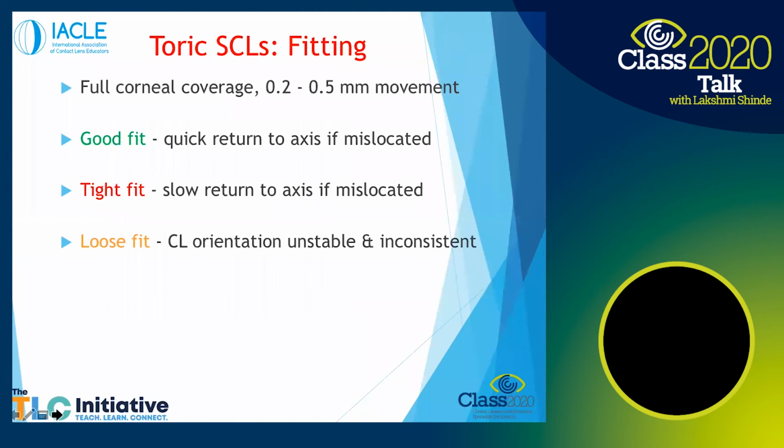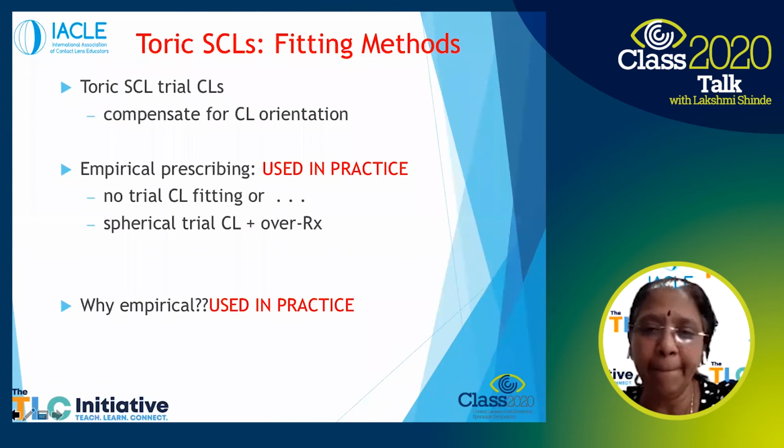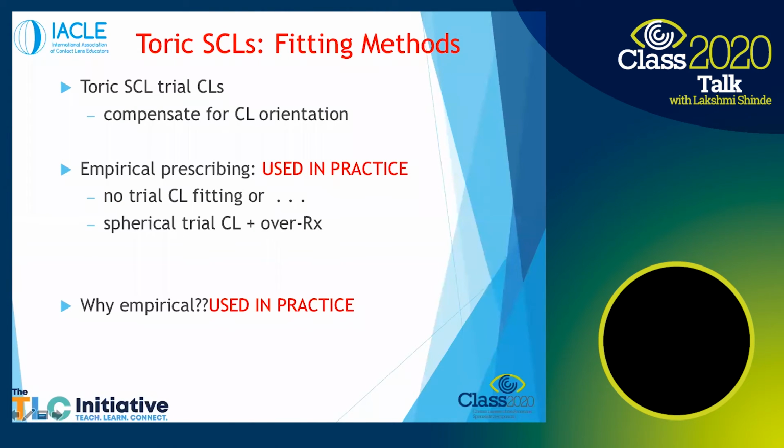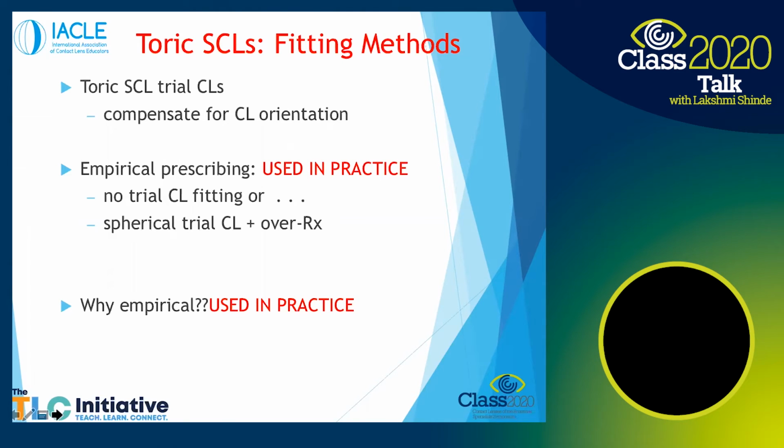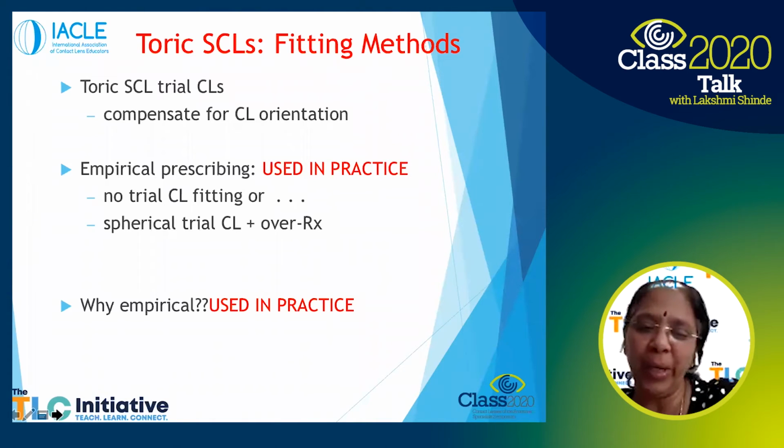So Lakshmi, that quickly brings me to my next question. There was a time when we used to consider toric contact lenses under specialty contact lenses, right? Today, with the advancements and the way things have changed and evolved, would you still consider it a specialty lens? No way. It is just any normal lens. Nowadays, specialty is gone.